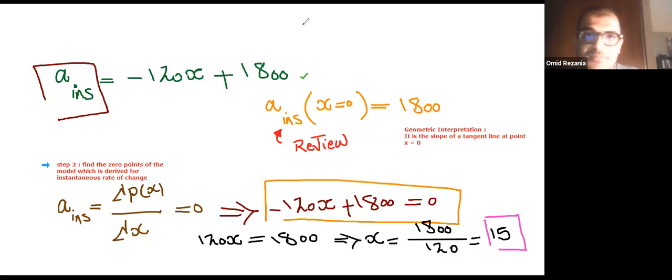Remember this point, guys. I'm just going to put a heart next to that. I love these points. Why do I love it?